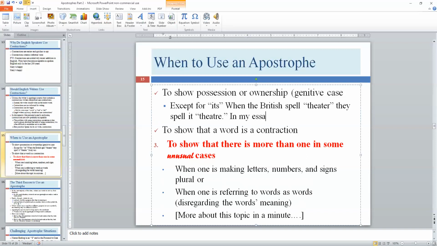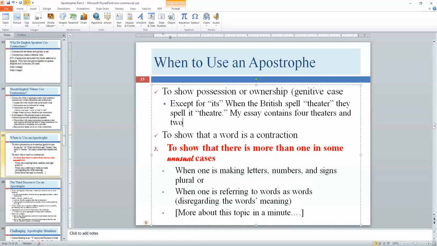How about this? In my essay, I used, how about this? My essay contained 4 theater's and 2 cinema's, meaning I used the word theater 4 times and I've used the word cinema 2 times.